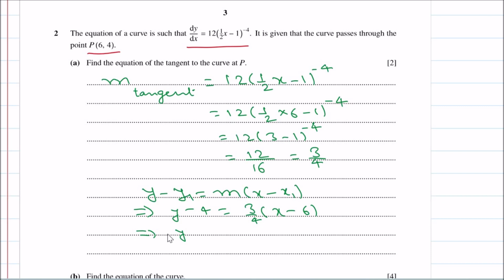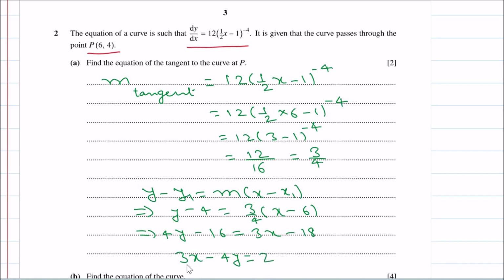We get 4y minus 16 is equal to 3x minus 18. And if you simplify, we get 3x minus 4y is equal to 2.